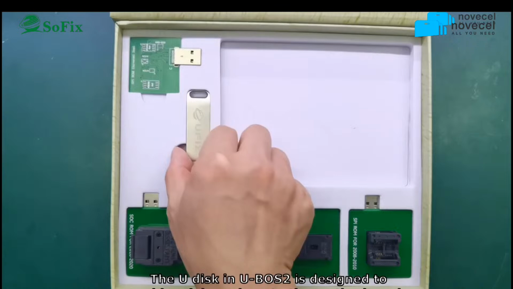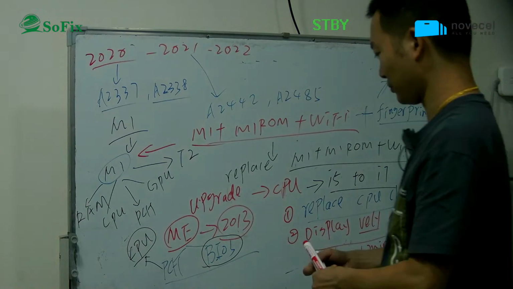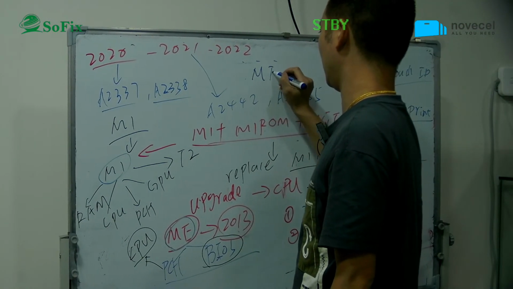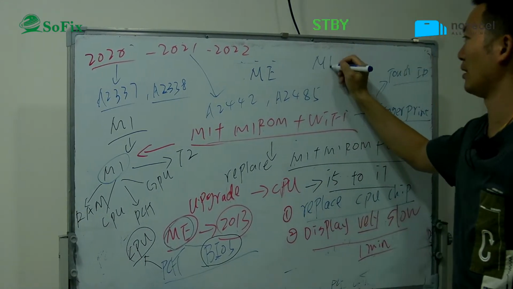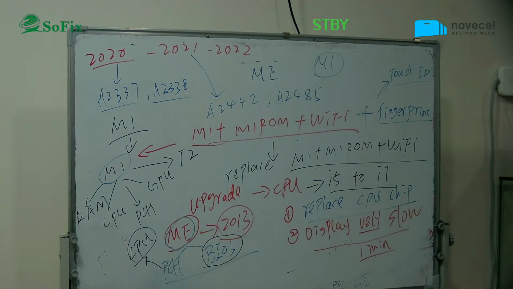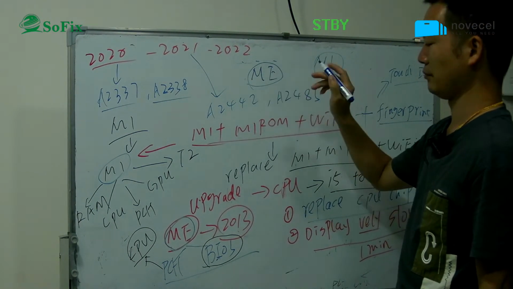Yes, me. Okay, change this one. This one, ME. No Chinese, they say the ME. This one is an M1, right? So M1, this one. ME.